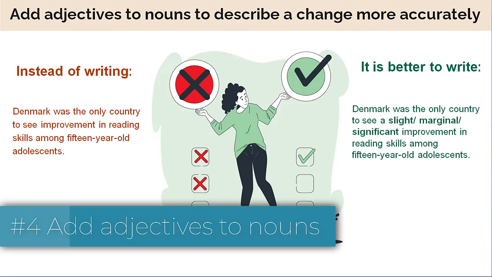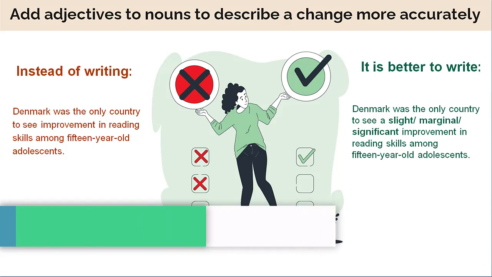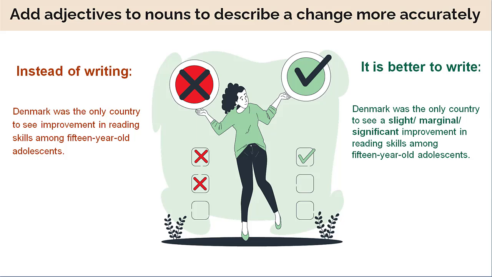Similarly, by adding adjectives to nouns, you can not only describe trends and changes better, but will also show a wider range of the vocabulary. Let's take the following sentence as an example. Denmark was the only country to see improvement in reading skills among 15-year-old adolescents.